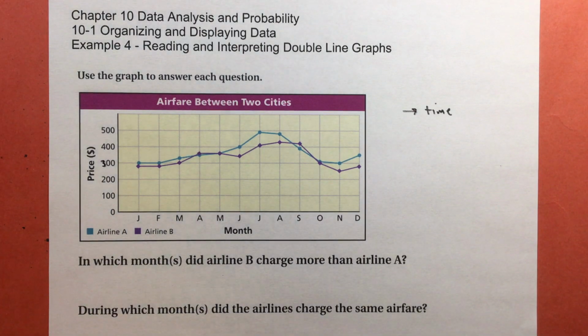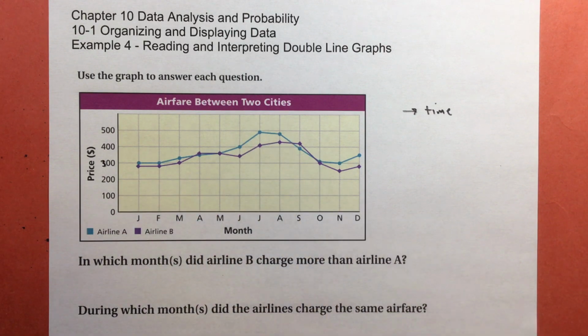An airline is a company that flies airplanes. So you have Delta, Sun Country, Spirit, American Airlines. These are all airlines. And this is a comparison of how much the airfare costs to fly from one city to another city. This would actually be really important if you want to seek out the best price.